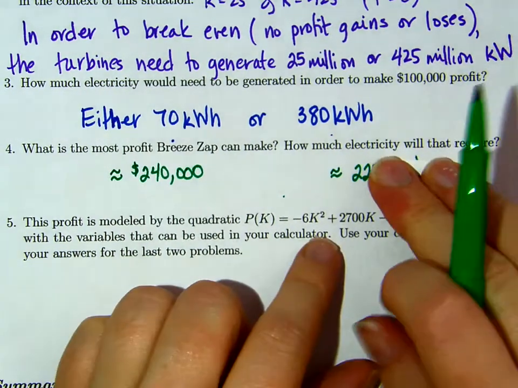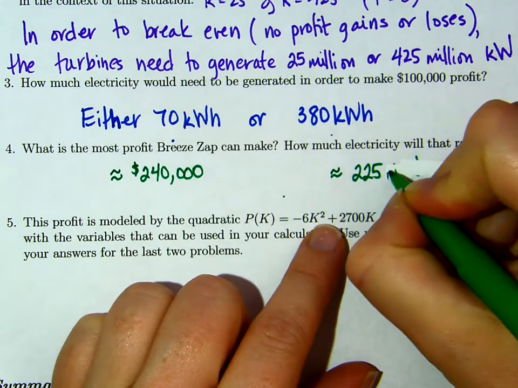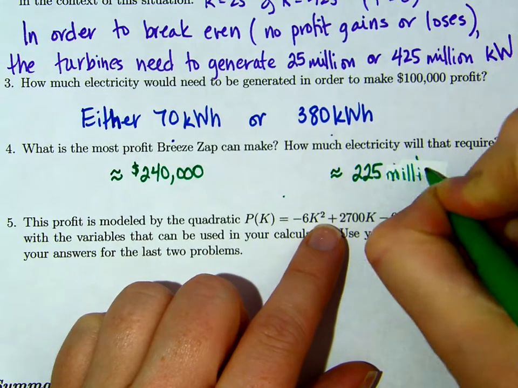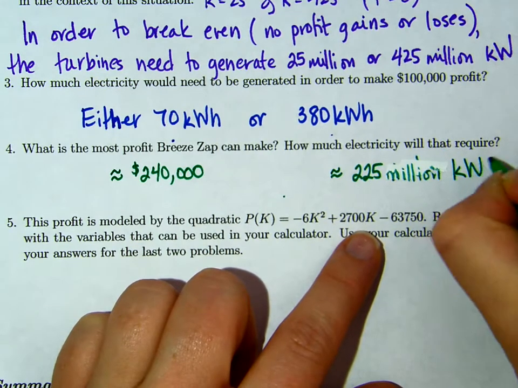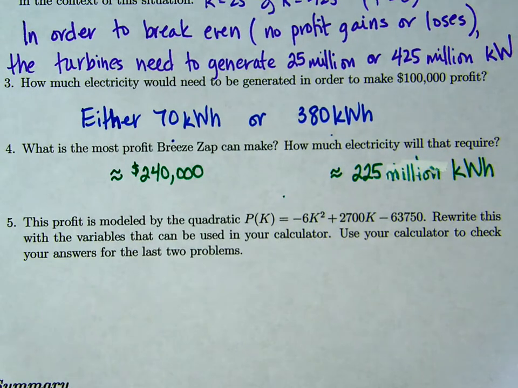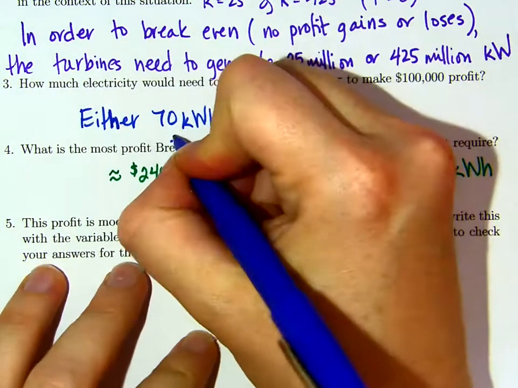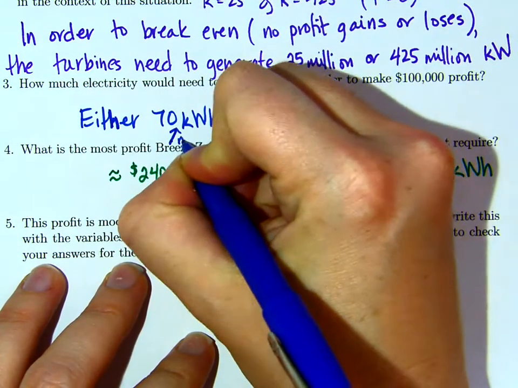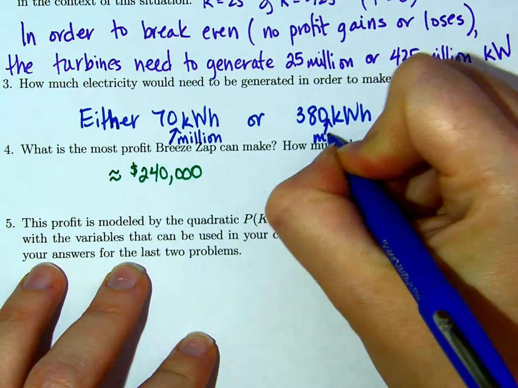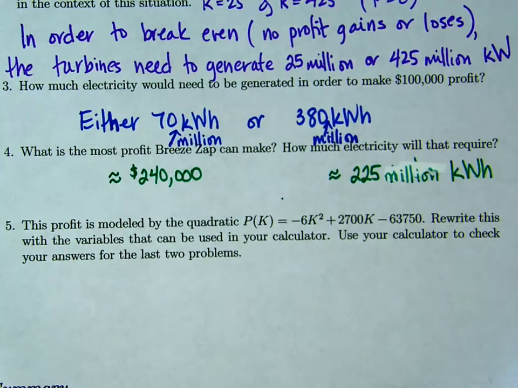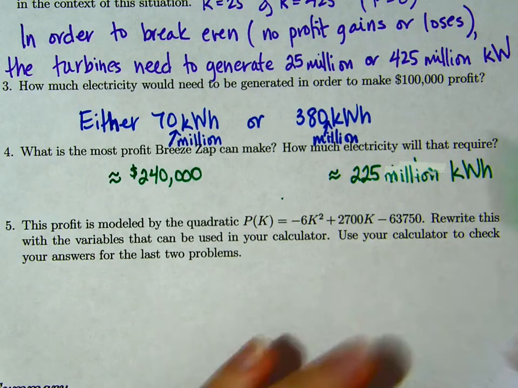Has to be fixed. Million kilowatt hours. And cannot leave this like that here. Got it. There's a really big difference between 380 and 380 million.